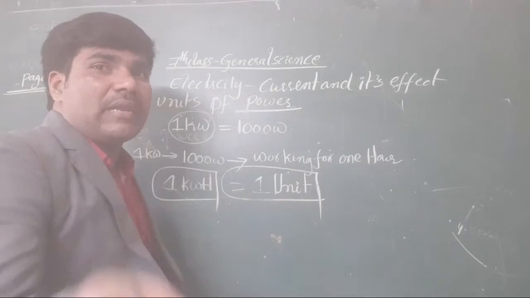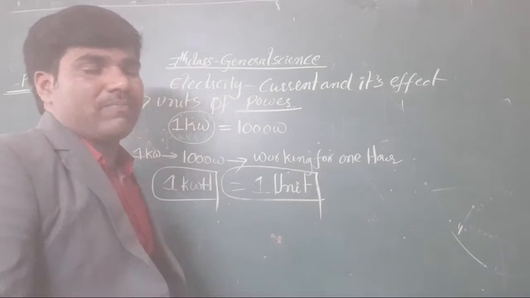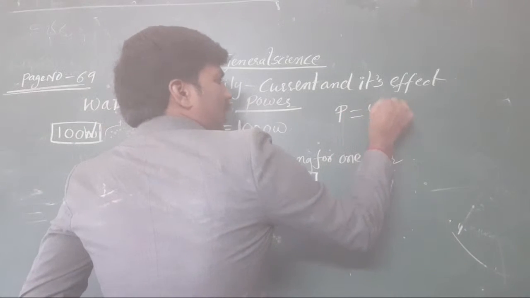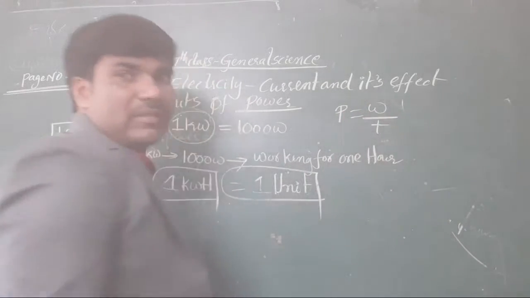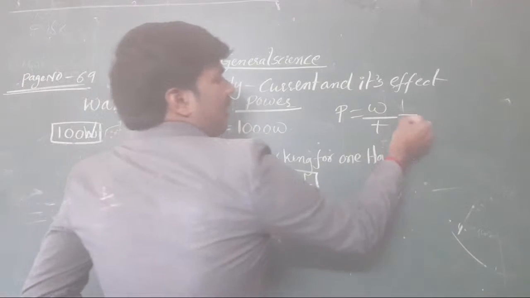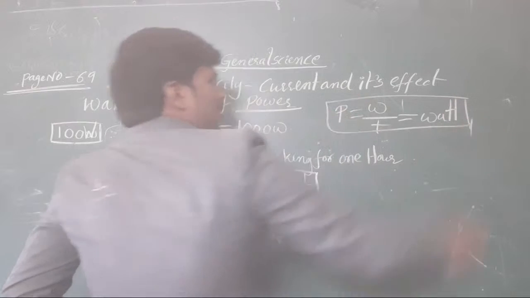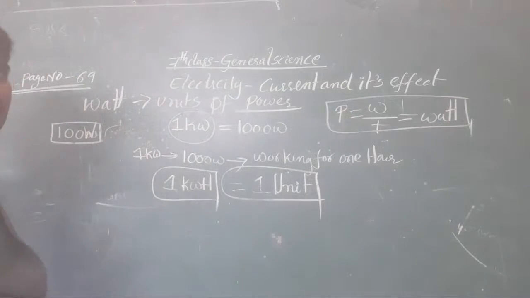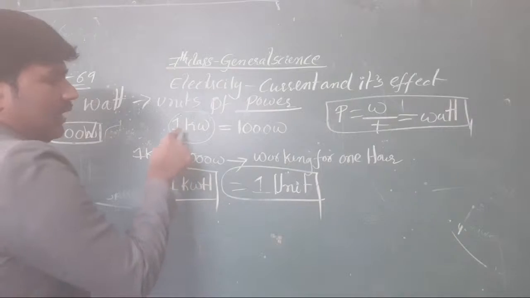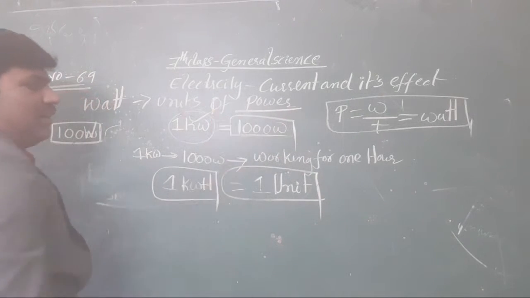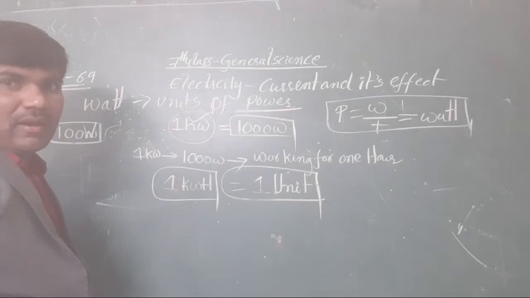The work done taken per unit time is called power. This unit is called watt here. I hope you got it. In case we take 1000 watts, it is called 1 kilowatt. Clear or not, all of you?